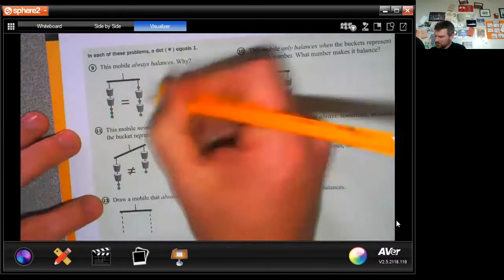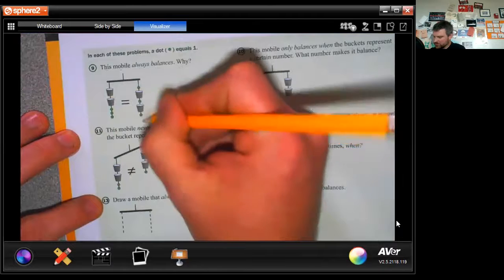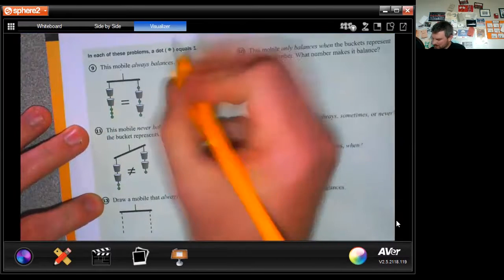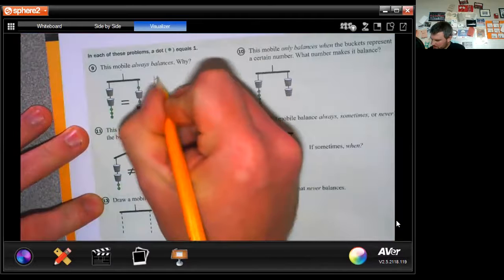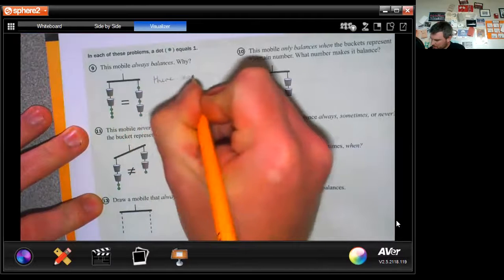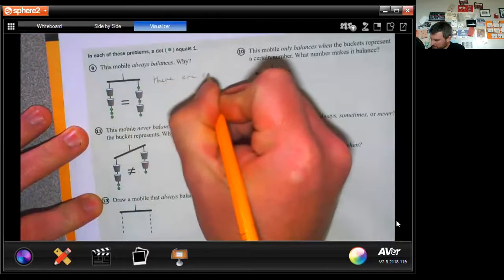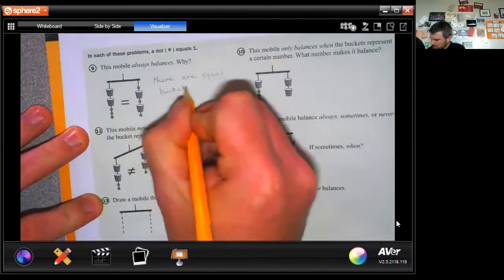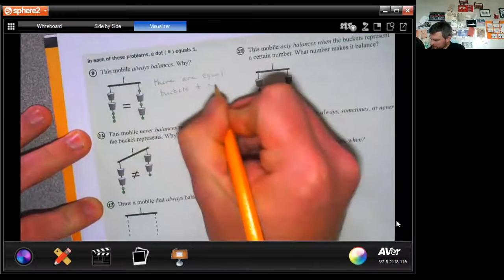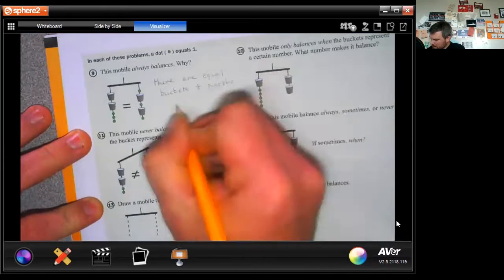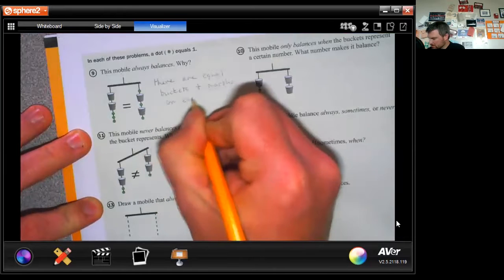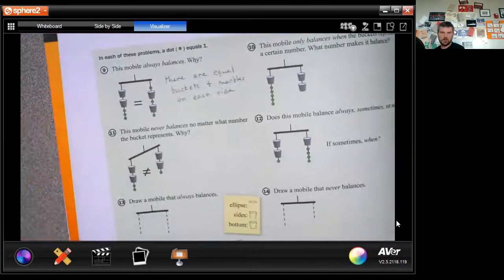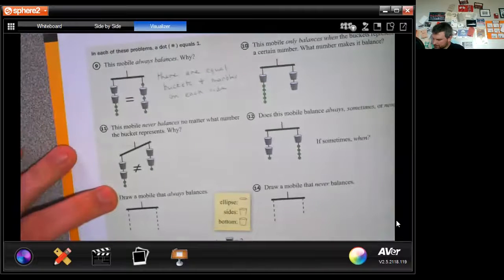I've got 1, 2 buckets and 1, 2, 3 marbles. So it will always balance because there are equal buckets and marbles on each side. Equal buckets on each side.